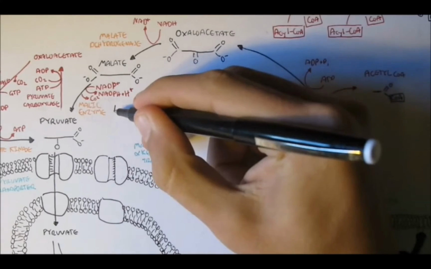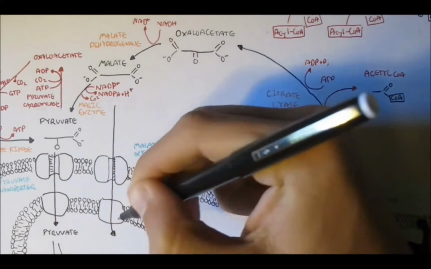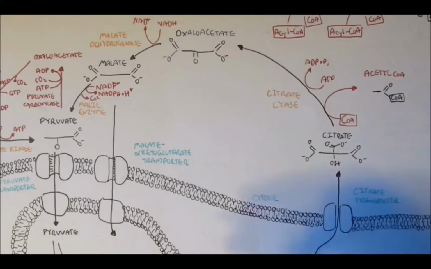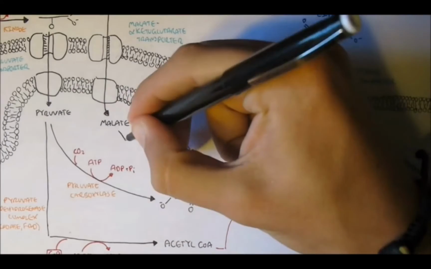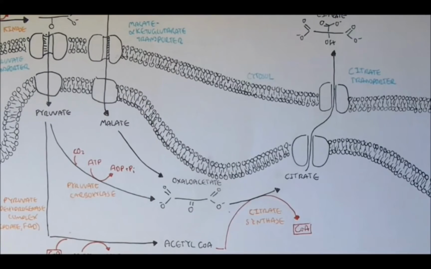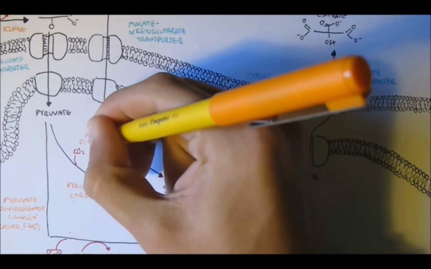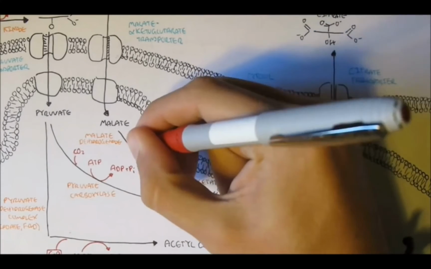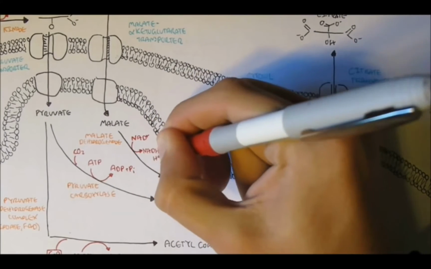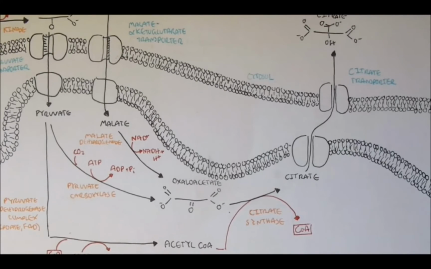This transporter is for both malate and alpha-ketoglutarate, which we won't discuss. The alpha-ketoglutarate is also part of the Krebs cycle. Now, anyway, malate enters the mitochondria, and through an oxidation process, it can convert to oxaloacetate by the enzyme malate dehydrogenase. So NAD is converted to NADH.